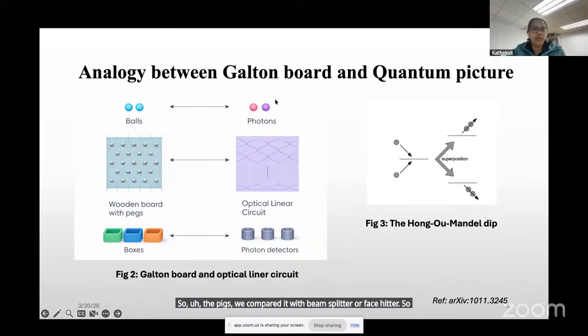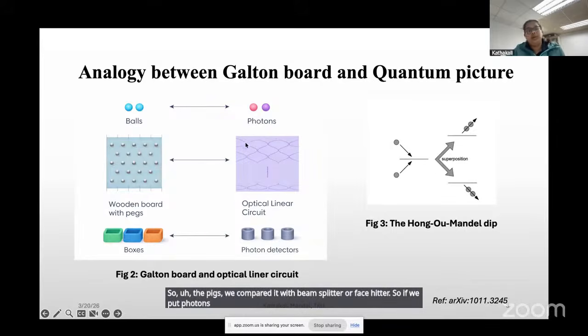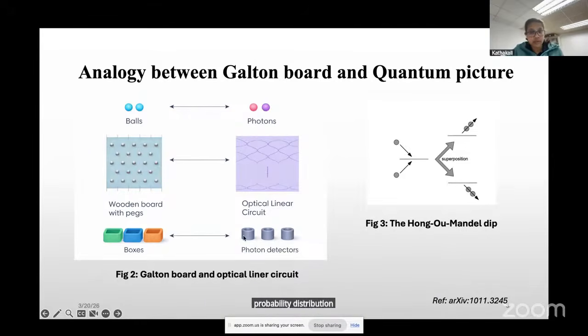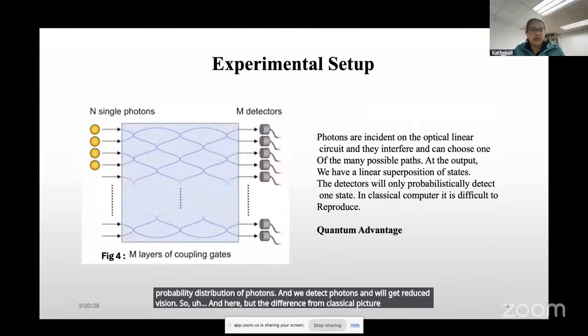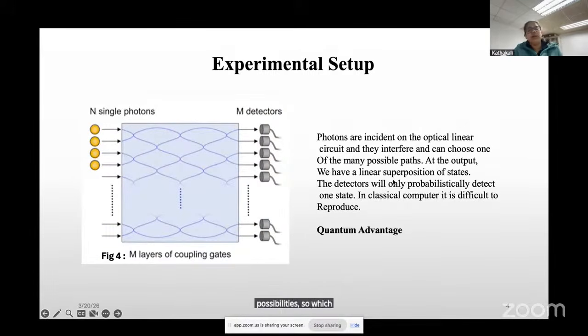If we put photons through this interferometer and detect them, we'll get a probability distribution of photons. But the difference from the classical picture is that this is very complicated, with lots of possibilities, which cannot be done by a classical computer. So here comes quantum advantage.